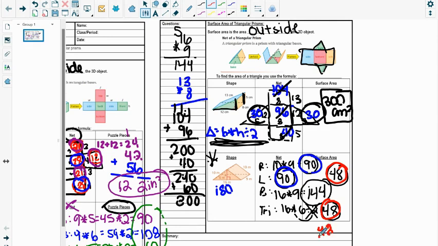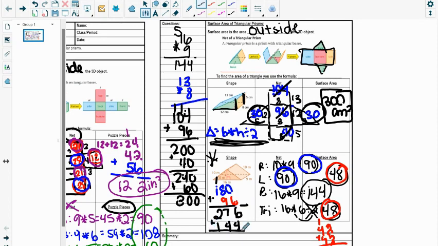I'm going to add those, which is 96. I'm going to add those up to get an answer. 0 plus 6, 6. 276. And then I've got my 144 that I have to add to that.